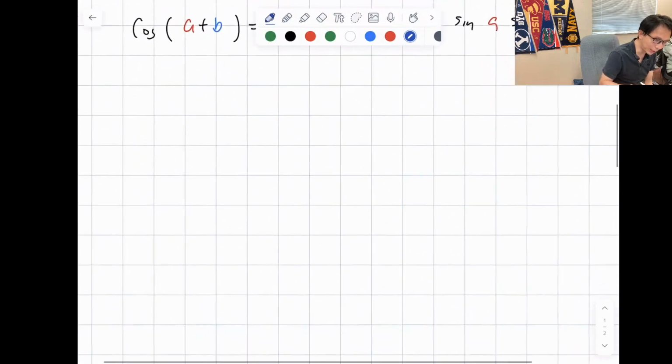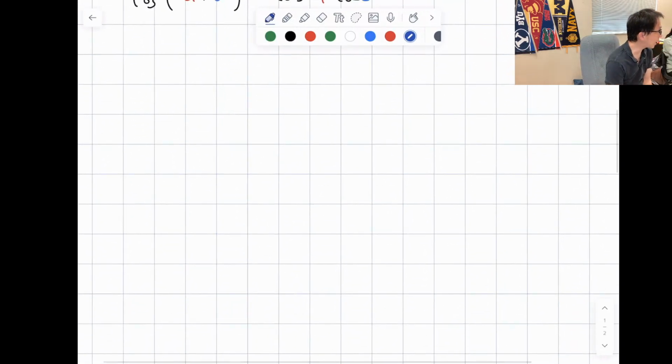So without looking at this, can you do cosine of A minus B? So learn to recall those things. I don't think this particular identity is on the AP exam, but I still need you to know it for your calculus.